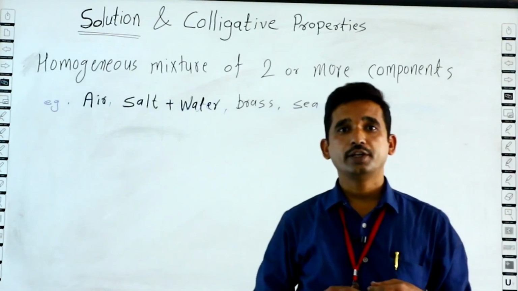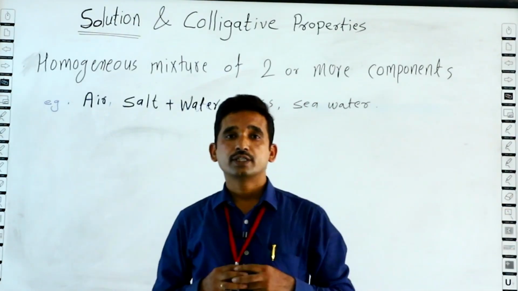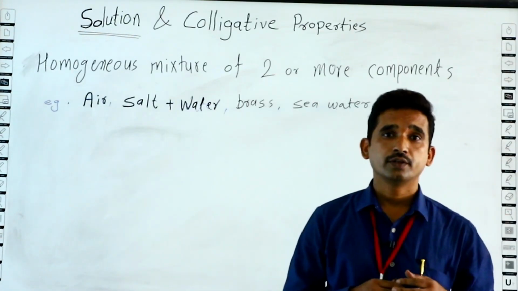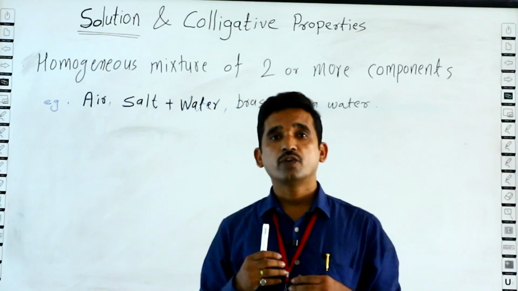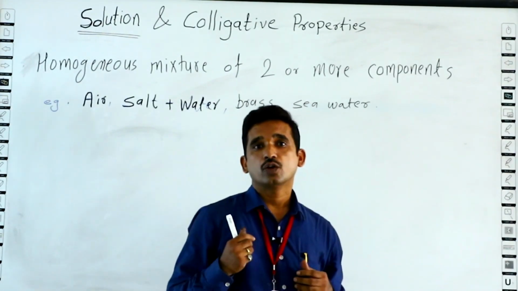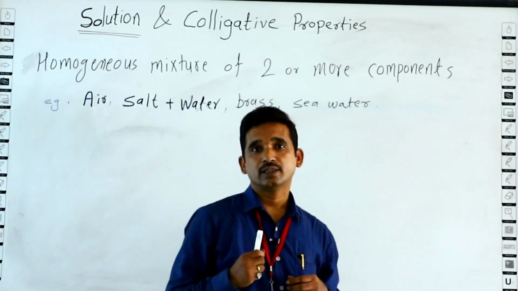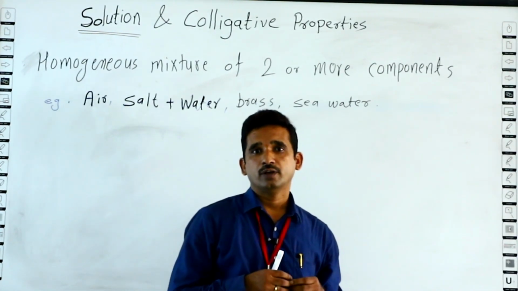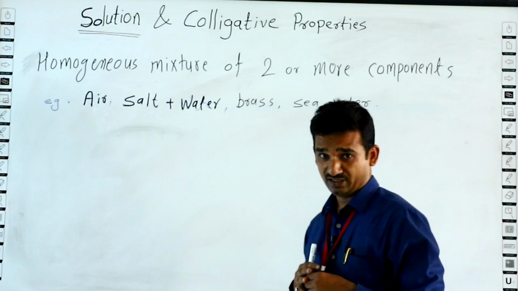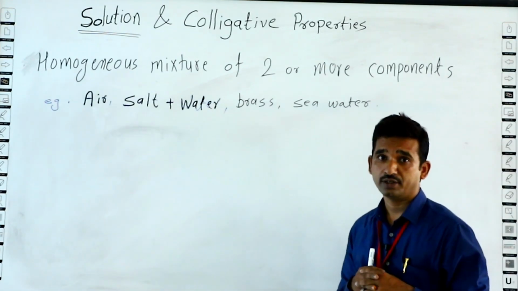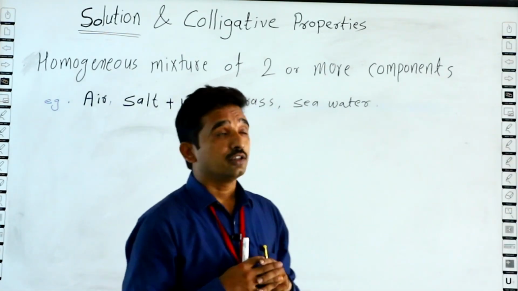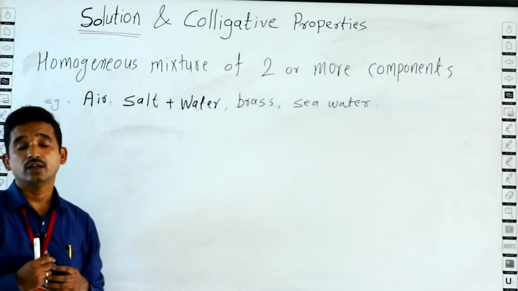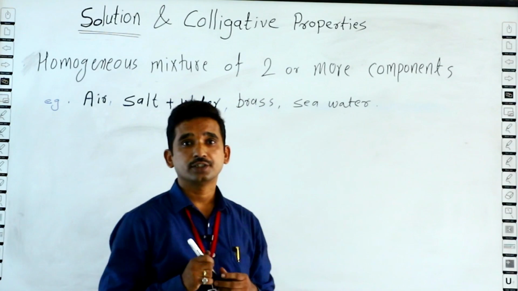Hi, good morning. Today we will discuss the new chapter of 12th chemistry, which is very important for various competitive examinations like NEET, JEE, and all other CET examinations. Here the name of the chapter is Solution and Colligative Properties.